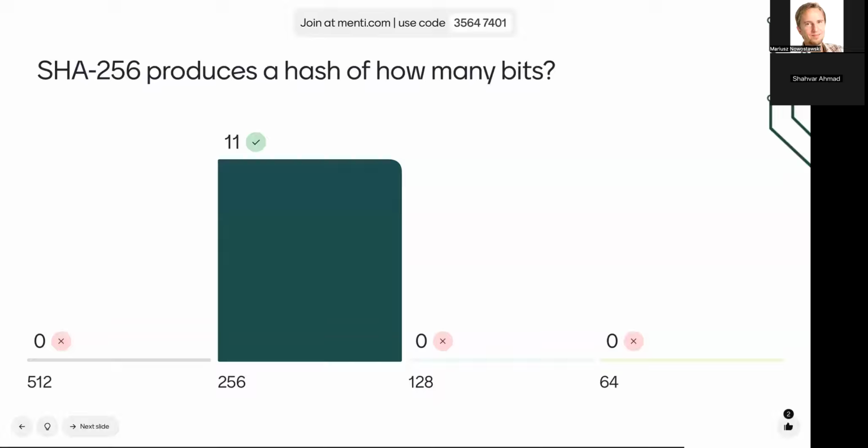So is it possible to have a hashing function that does not have collisions? Is it theoretically possible to have a hashing function that does not have collisions? No, why not? Exactly. So on this side, we have an infinite number of possibilities, and then we transform it.